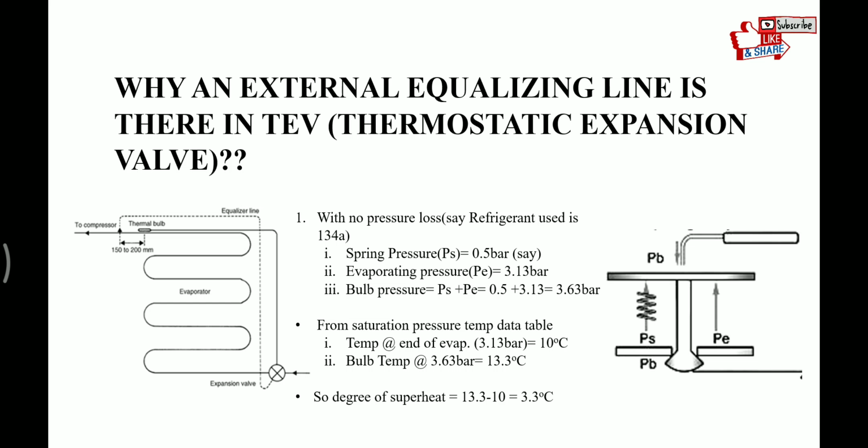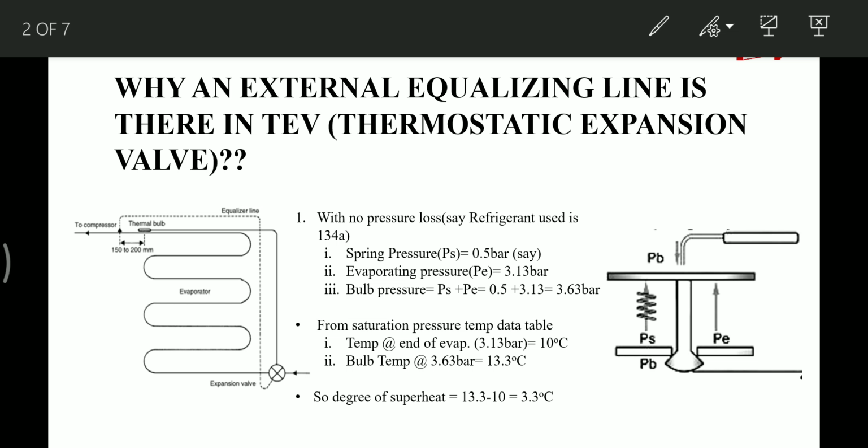So let's begin. I am considering a case in which refrigerant R134a is used. So let's assume the spring pressure is 0.5 bar, and the evaporating pressure is 3.13 bar.